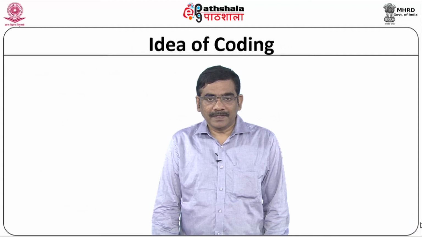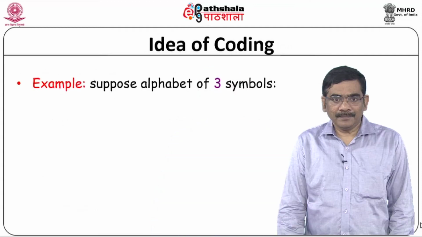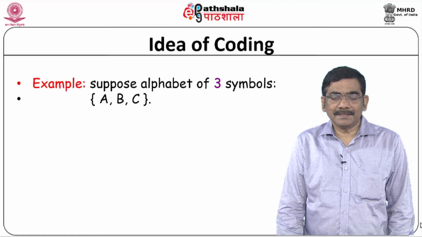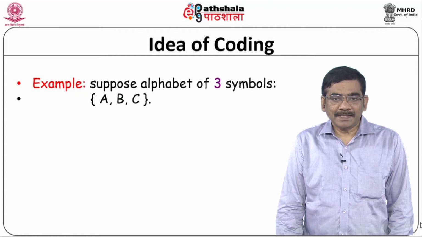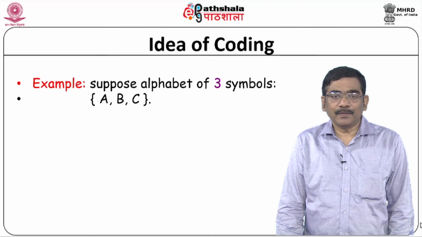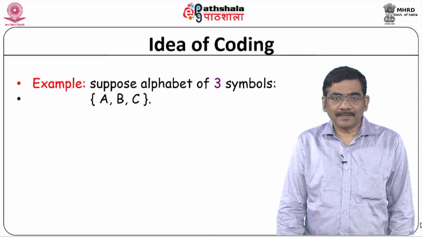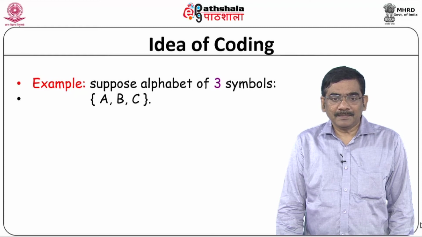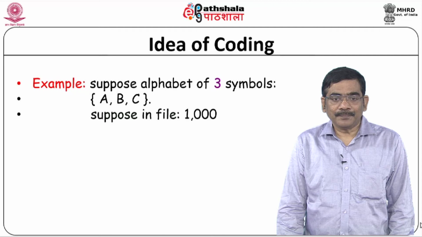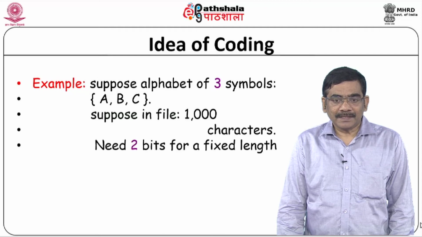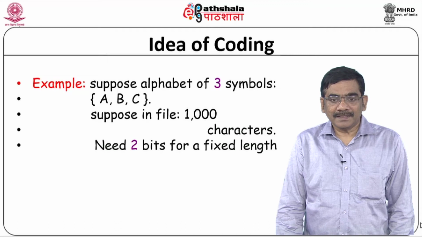So, the logic is very simple: optimal coding. Let us assume that I want to transmit 3 symbols A, B, C. Transmission requires encoding of these symbols as a code by giving some address. Let us assume that I go for a fixed length code, so I can use 00, 01, 10 and 11.